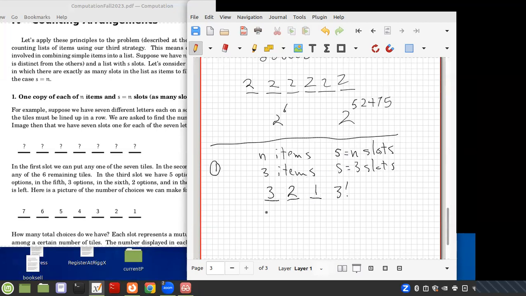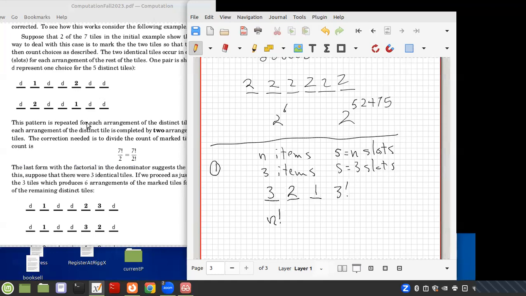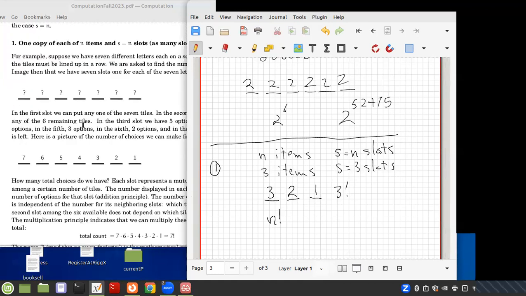So for n, the answer here is going to be n factorial. If I have 10 items and 10 slots, the answer is going to be 10 times 9 times 8 times 7 times 6 times 5 times 4 times 3 times 2 times 1, which is 10 factorial. Okay, so that's fairly straightforward. But what happens? Let's see.